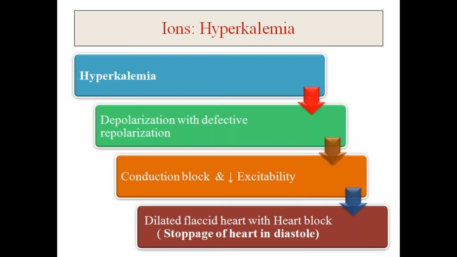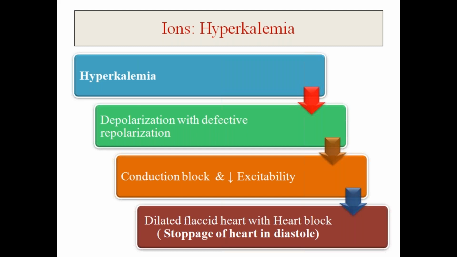Now, some ions are also affecting this. For example, in hyperkalemia, what happens? There is more potassium on the outside. And since on the outside there is more potassium, that means the efflux of potassium to the outside will decrease. That means more and more positive ions will get accumulated inside the cell.